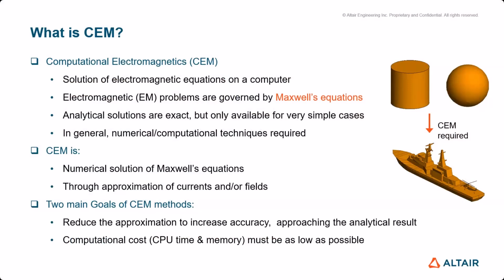Ideally, we would know that analytical solutions are exact solutions for electromagnetic problems, but they can be available for very simple cases. So for example, on the right, we have a cylinder and a spherical object.